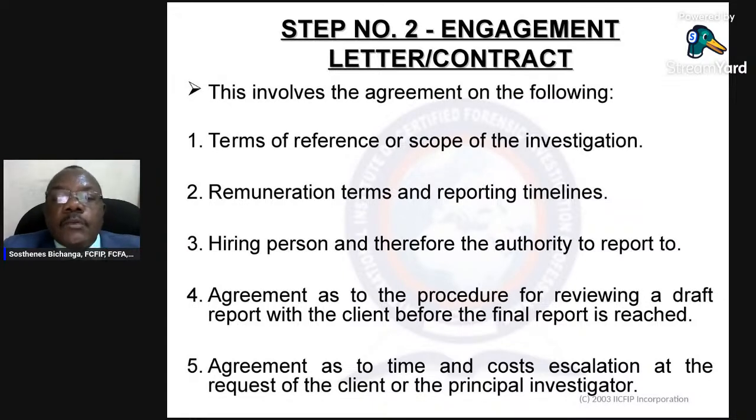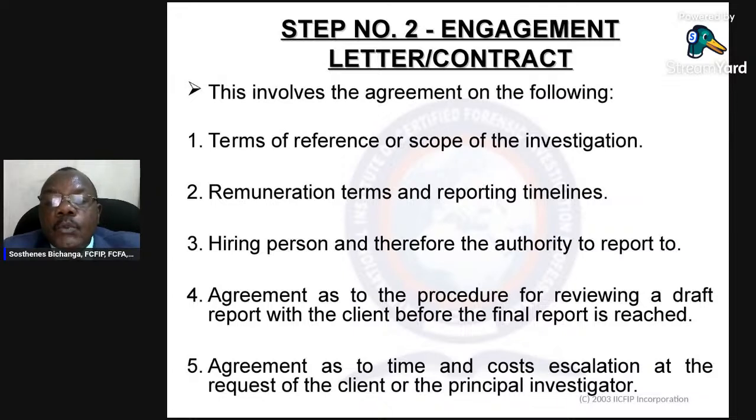I will start with the engagement contract. I've already mentioned that the engagement contract will follow the pre-engagement investigation.